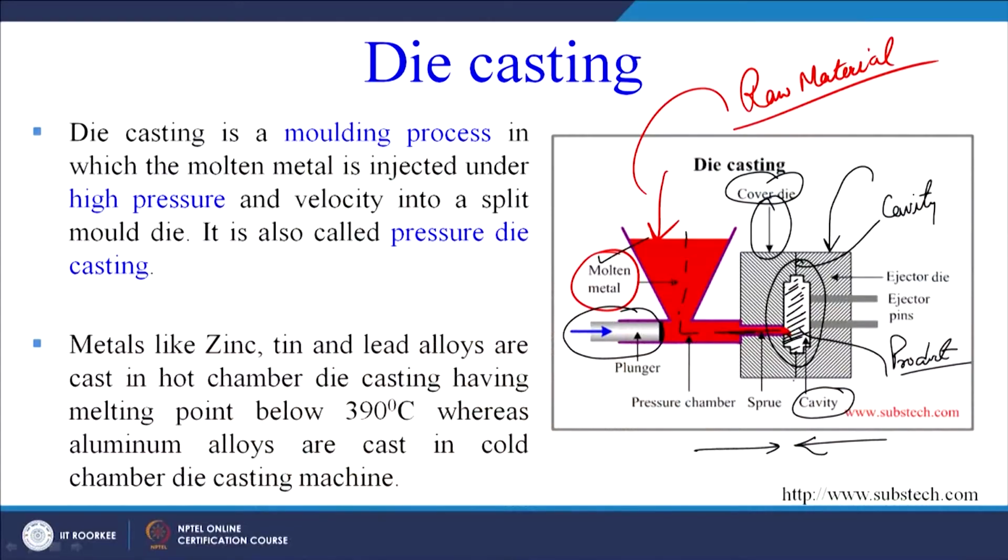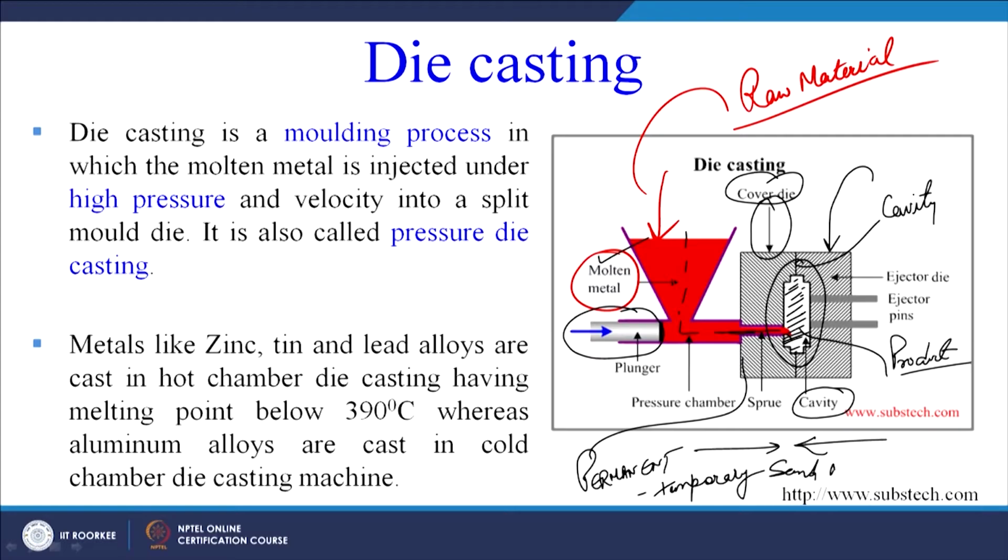So this is a very important manufacturing process in any metalworking industry, and a number of products are made using die casting. You can see here the cavity that we have got in the die is a permanent die, whereas in sand casting we had a temporary mold which was made in sand.